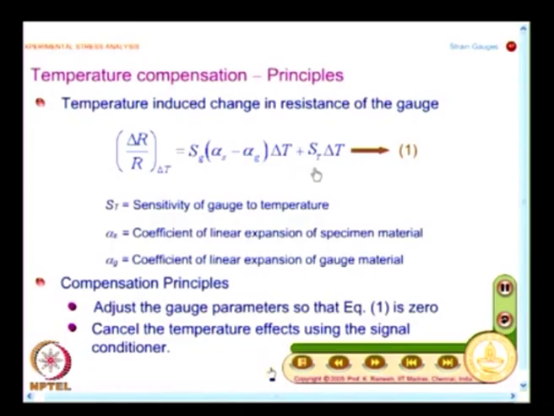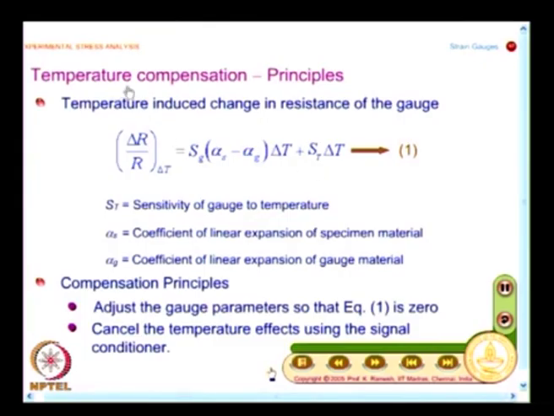And you also have another term which is purely a function of temperature, because of change in temperature the resistance of the strain gauge changes, and that is given by another factor called S t. So, a change in temperature causes change in resistance, which has two terms, one because of thermally introduced strain and another one where the resistance changes as a function of temperature.